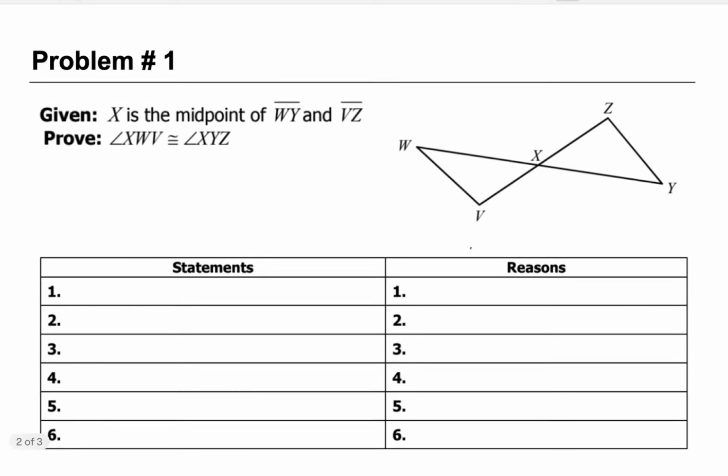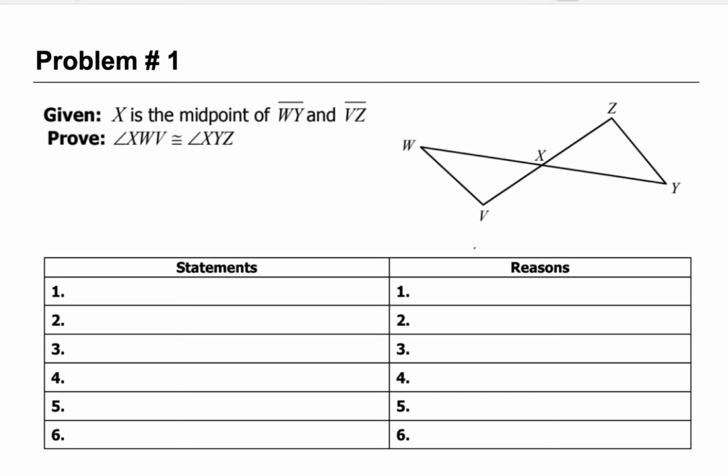Let's try this problem. X is the midpoint of segment WY and VZ. So we're going to write that as our first statement, and our reason for that is going to be given.